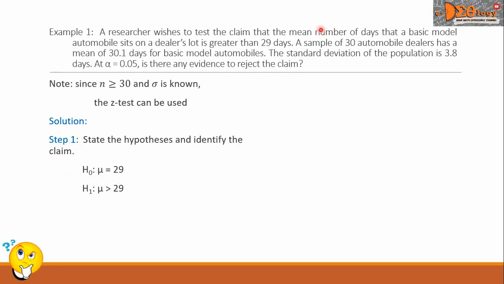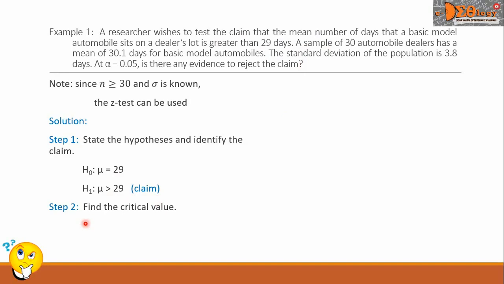This 29 is the number of days here. And H sub 1 is the alternative hypothesis. The word greater here denotes a greater than symbol. So we write mu is greater than 29. And this alternative hypothesis is the claim in this problem.